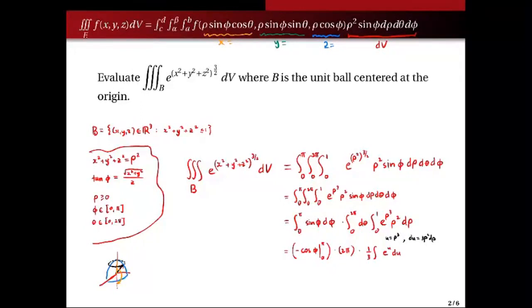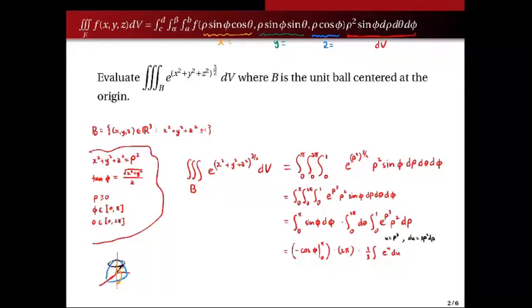And in here, if rho is equal to 0, u will also be equal to 0. And if rho is equal to 1, u is still 1.